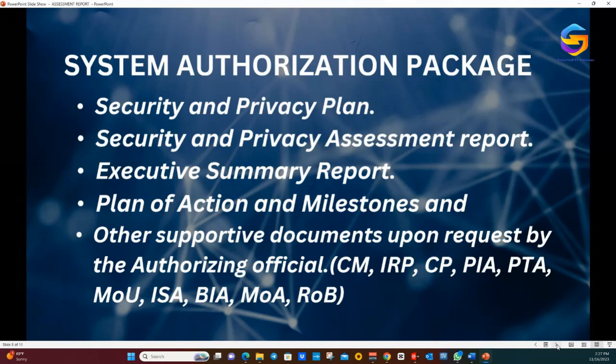So we're looking at four main things here: security and privacy plan, security and privacy assessment report, plan of action and milestone, executive summary report, and other supportive documents upon request by the authorizing official. And those documents are over there. Please pay attention to this slide. It's very, very important. Now, let's move on.